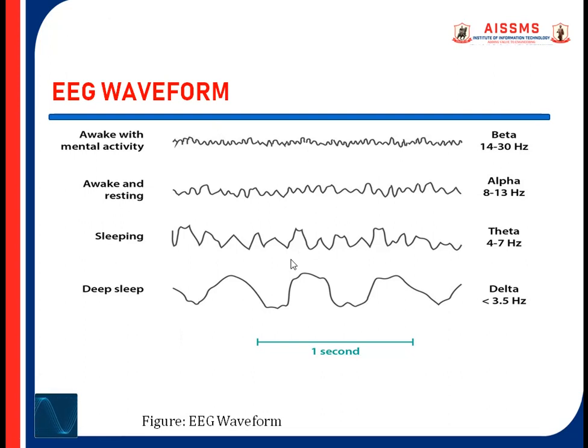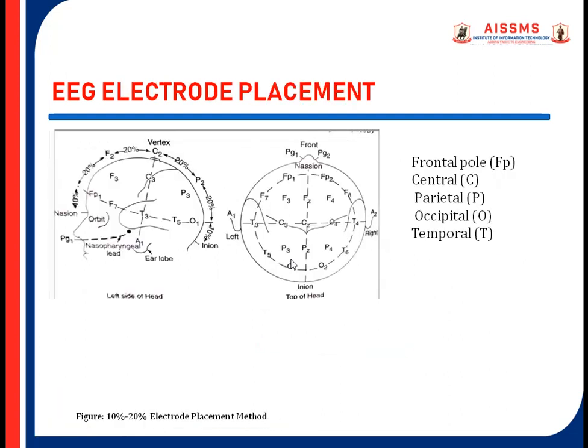Some are slow and some are fast. These frequencies are beta, which indicates mental activity, alpha, which indicates resting activity, theta, which indicates sleeping activity, and delta, which indicates deep sleep activity.